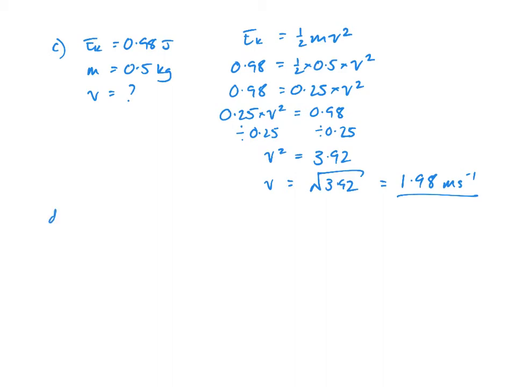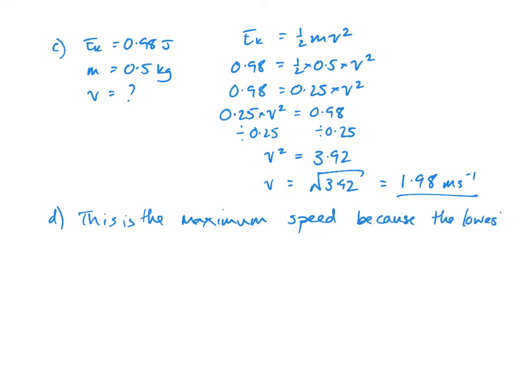And then it asks us for the explanation that we've been discussing as we're going through. Probably would have been better if this had been a wee bit earlier. So this is the maximum speed, because the lowest point is basically what we take as our zero height.